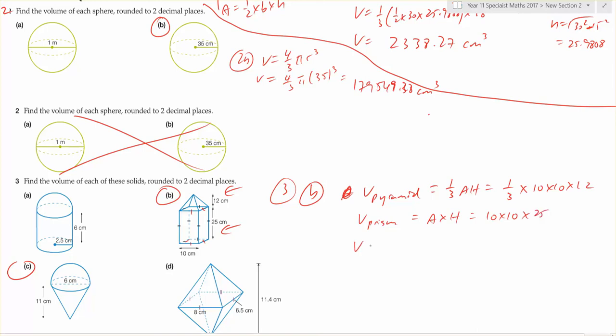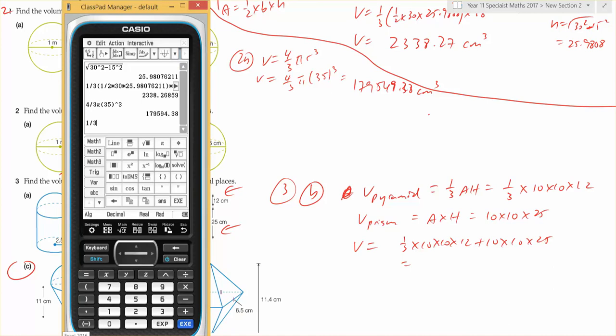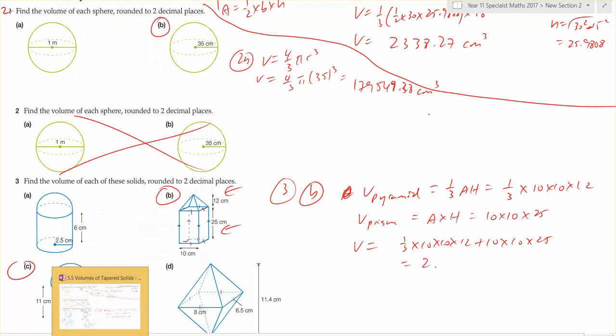So your overall volume would be a third times 10 by 10 times 12, plus 10 by 10 times 25. When I enter that on my calculator, I get 2,900 centimeters cubed. That's the volume.